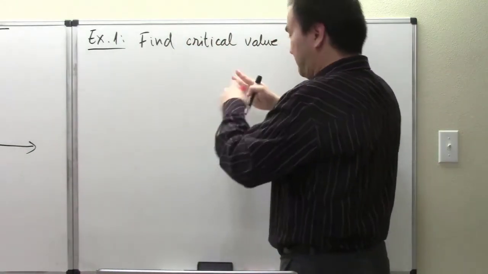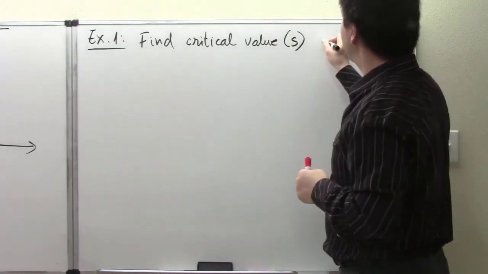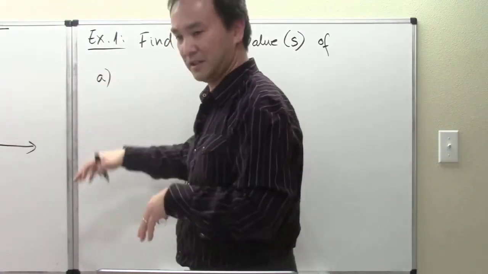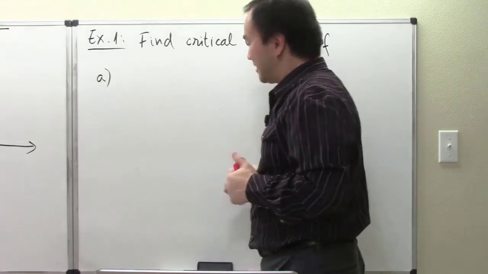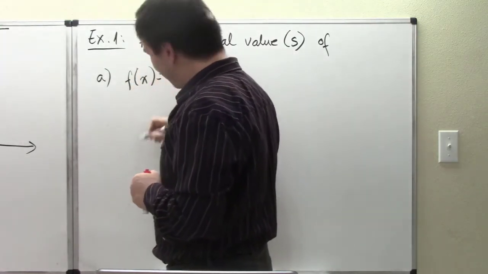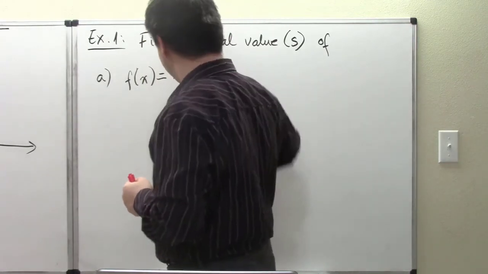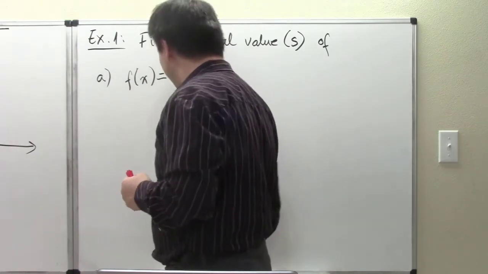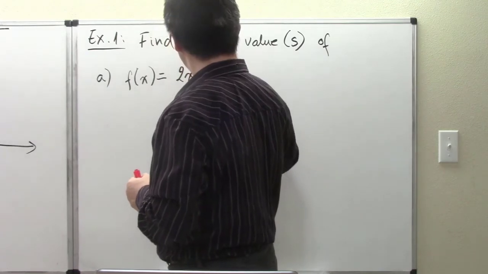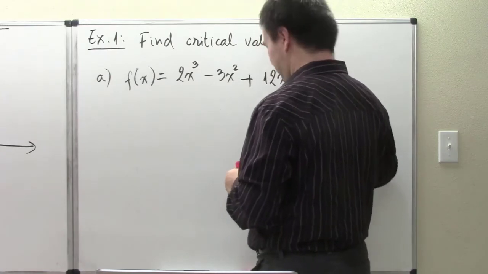I mean, find all of the critical values of, and after that main instruction, now I'm going to give different functions. So how about our first function here is f of x equals x cubed minus 3x squared plus 12x plus 1.